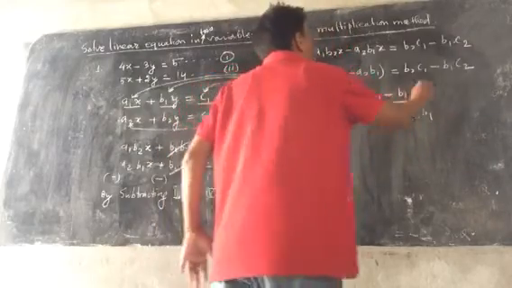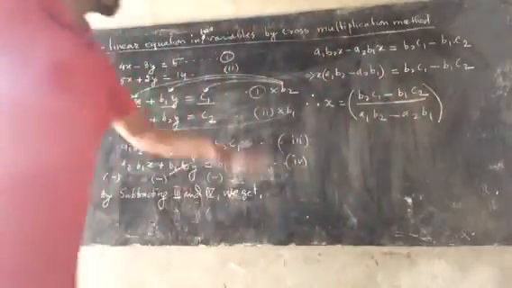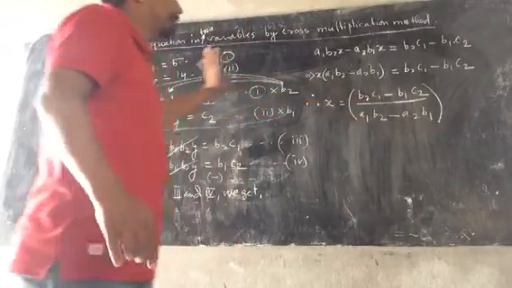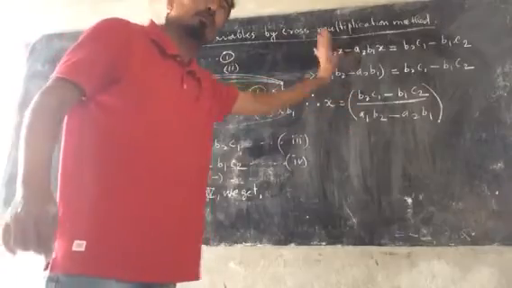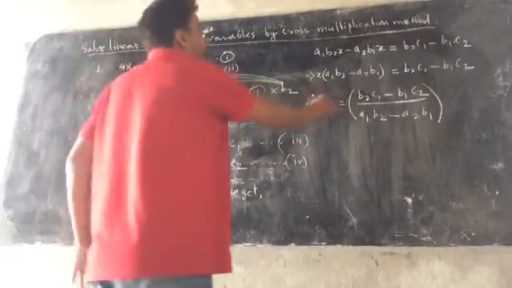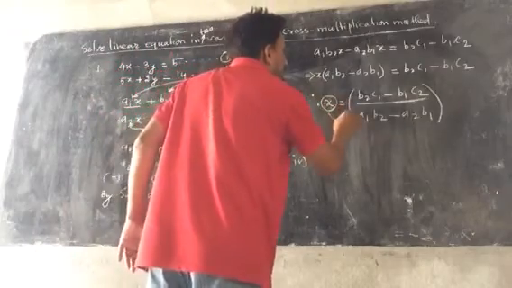This is how we find the value of x. If you have to find the value of x, you can apply this formula and you can find the value of x. I will use this formula and solve the problem. Okay. This is how we have to find the formula of x.